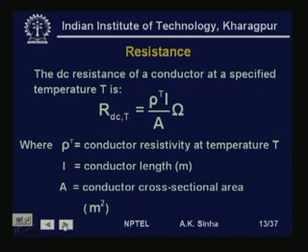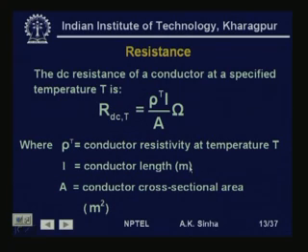As far as resistance is concerned, the DC resistance of a conductor at any temperature is given by R_DC equals rho L by A, where rho is a function of temperature, and that is, the resistivity of the conductor changes with temperature. If the temperature goes up, resistivity will also increase.